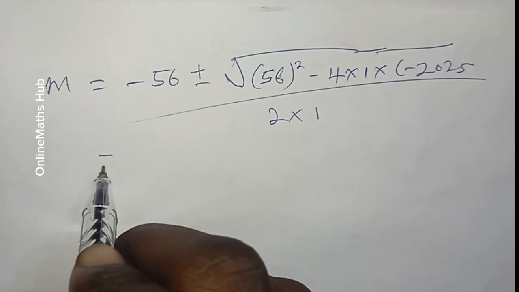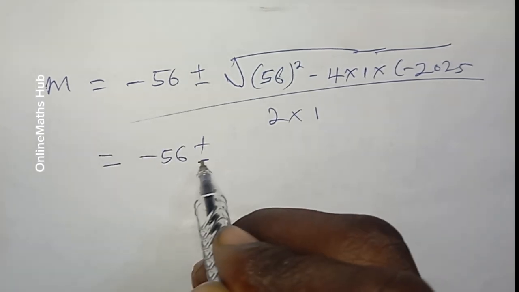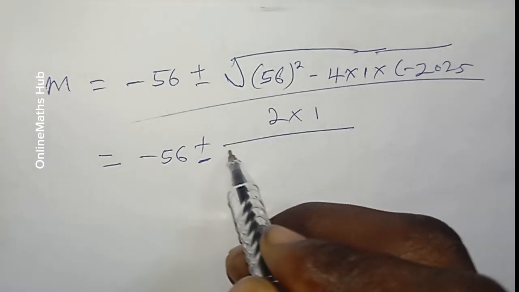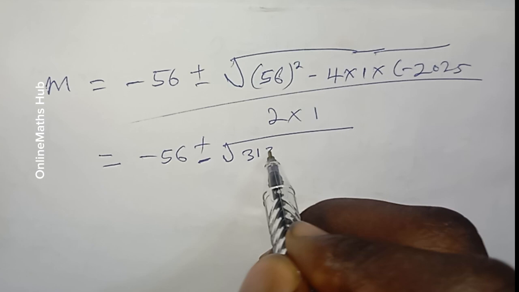If we continue to evaluate, this is minus 56 plus or minus the square root of 56 squared, which here is 3136.